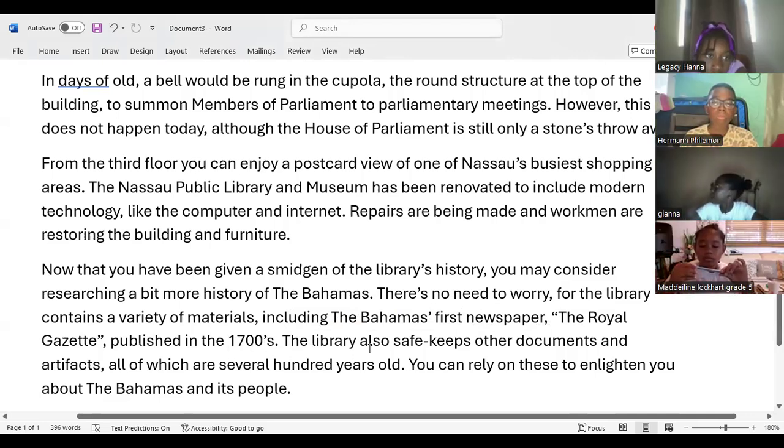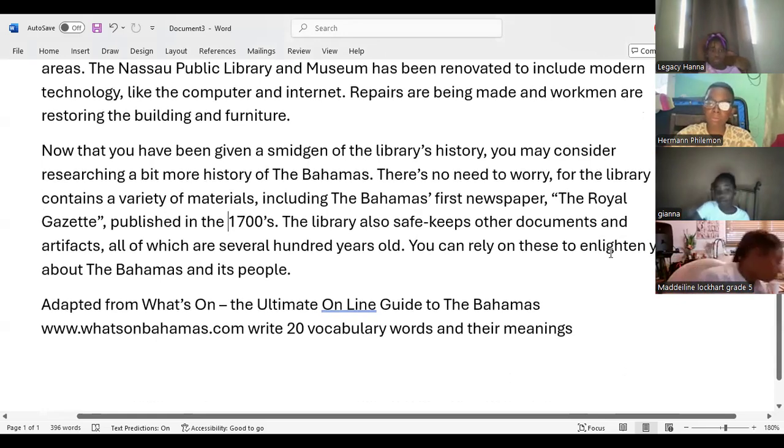The library also safekeeps other documents and artifacts, all of which are several hundred years old. You can rely on these to enlighten you about the Bahamas and its people.